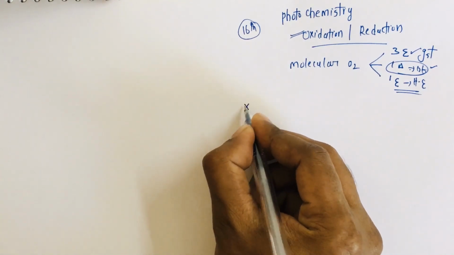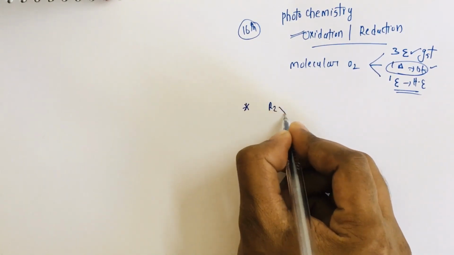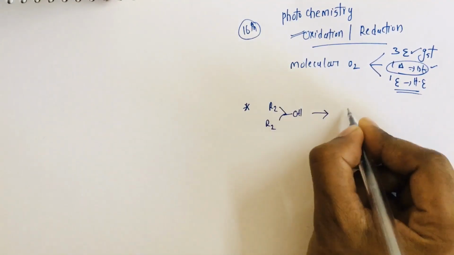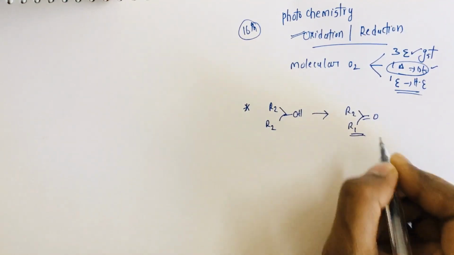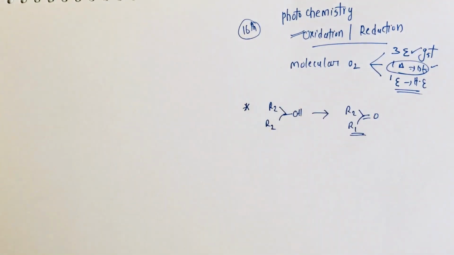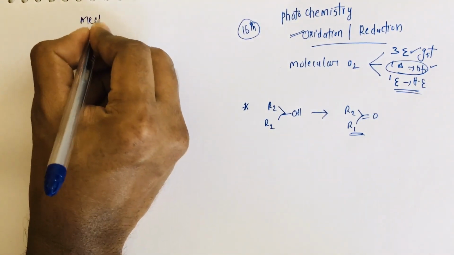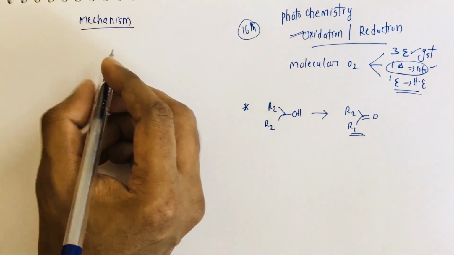The first reaction we have is the conversion of alcohols into carbonyl compounds. The mechanism is very important for this. In the mechanism we have three steps.